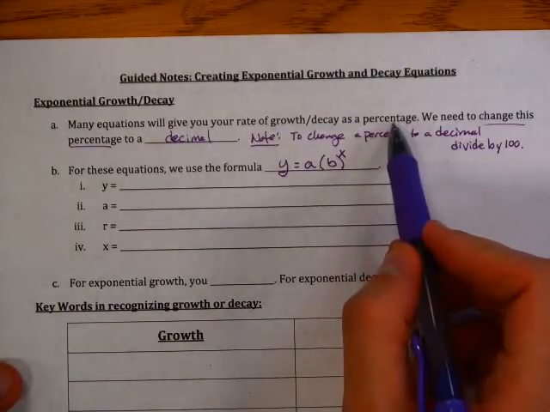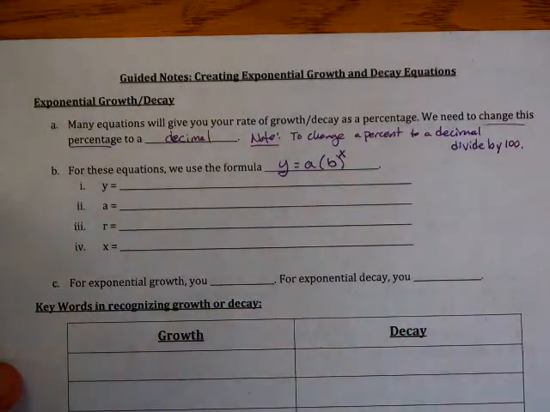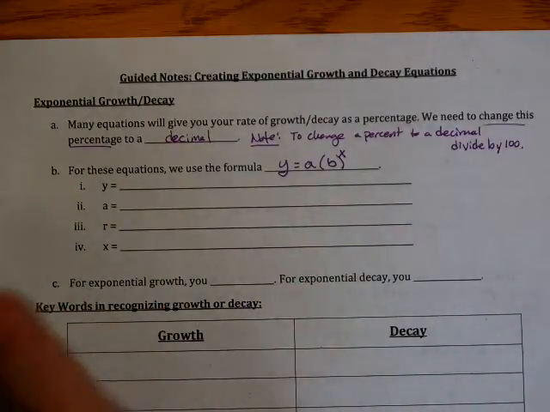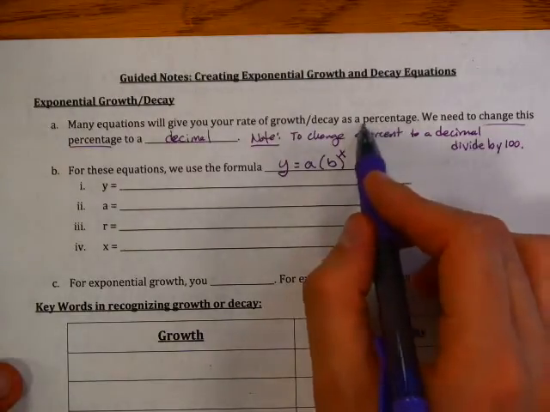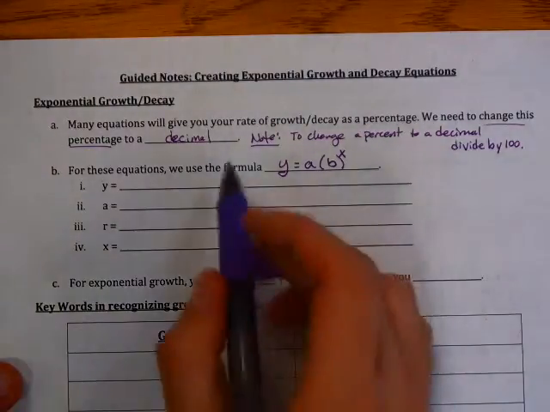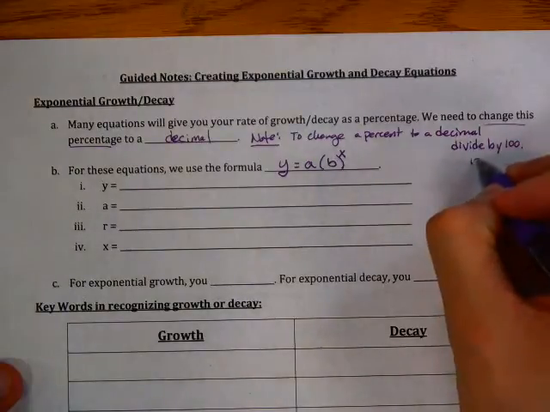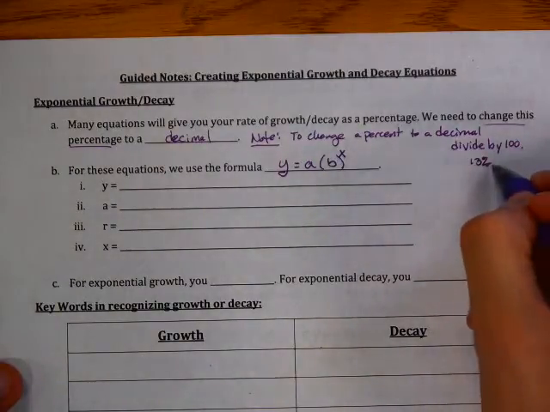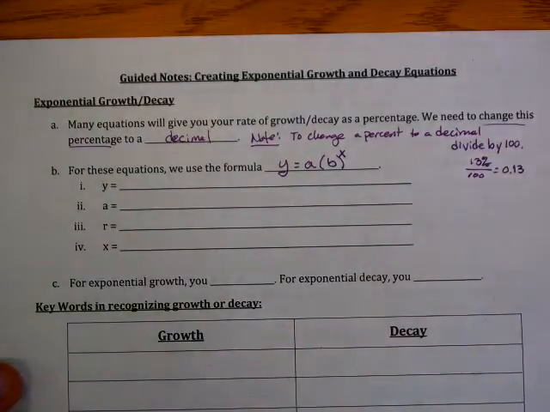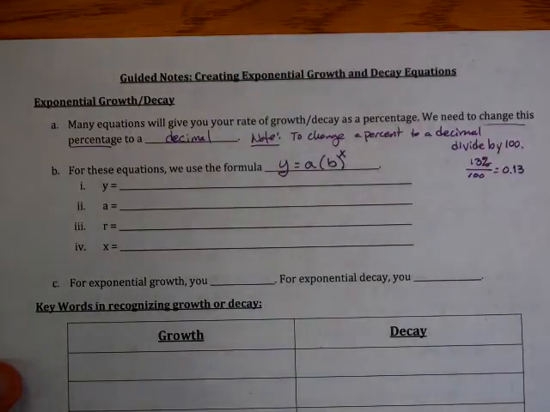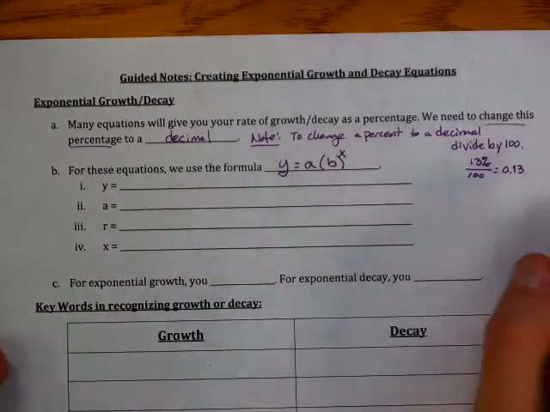Cent has Latin roots, as in centennial, or century, or centurion, a captain of 100 people, or a piece of 100, which is in a dollar, which is why we call them cents. But per cent is per 100. So if I give you 13%, that is out of 100, which would equate to 13 hundredths. So if you want to change a percent to a decimal, simply divide it by 100.